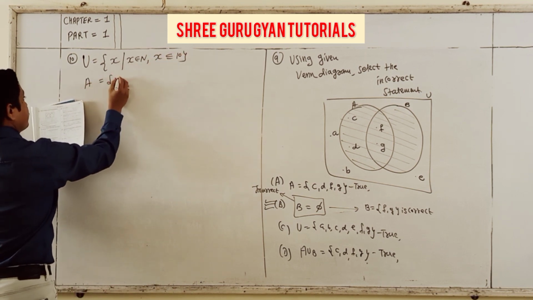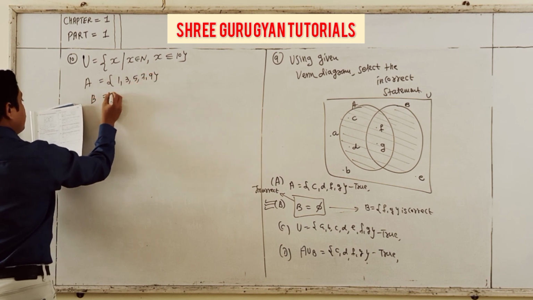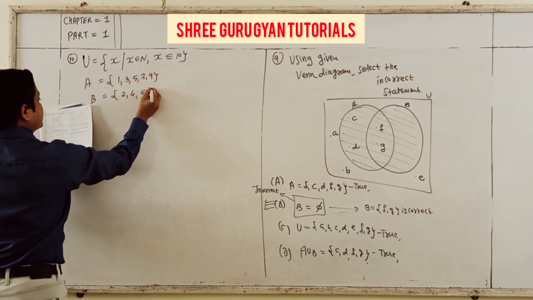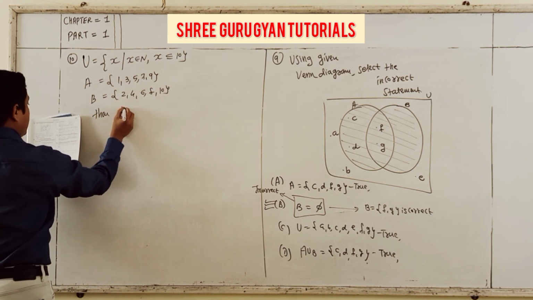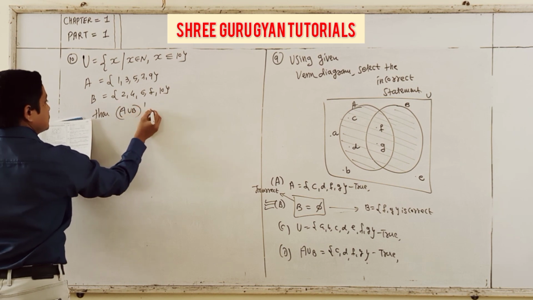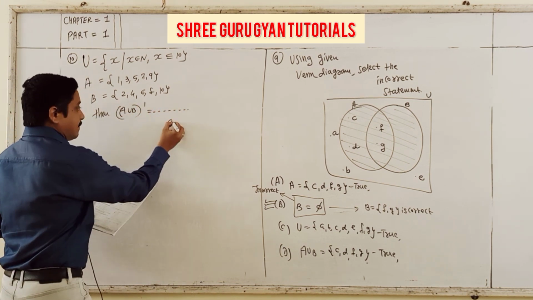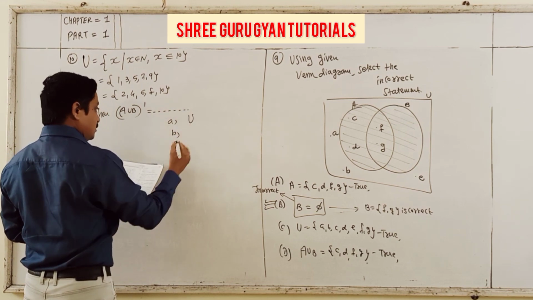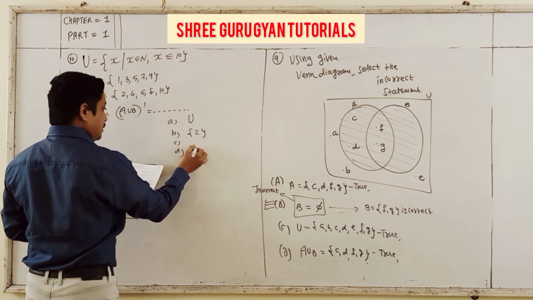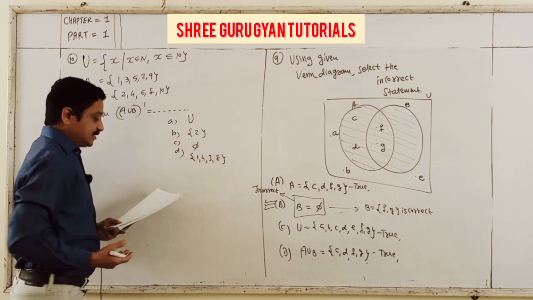Set A is 1, 3, 5, 7, 9. Set B is 2, 4, 6, 8, 10. And then it is asking A union B complement. The options are U universal, only B, null set, and 1, 4, 7, 8.